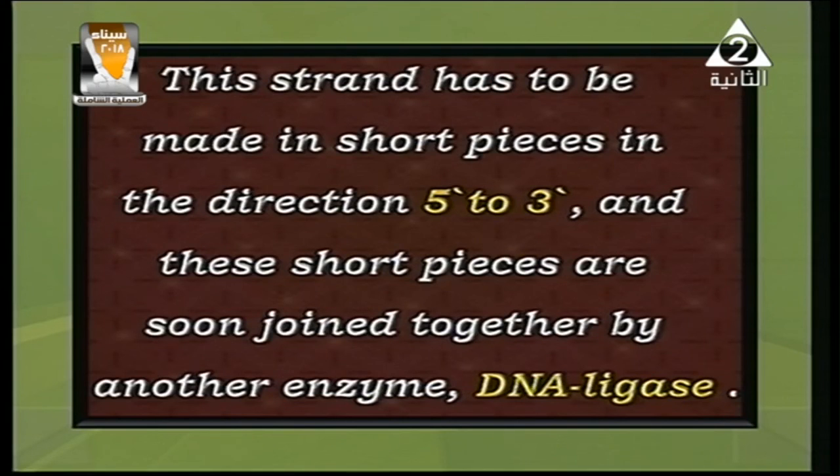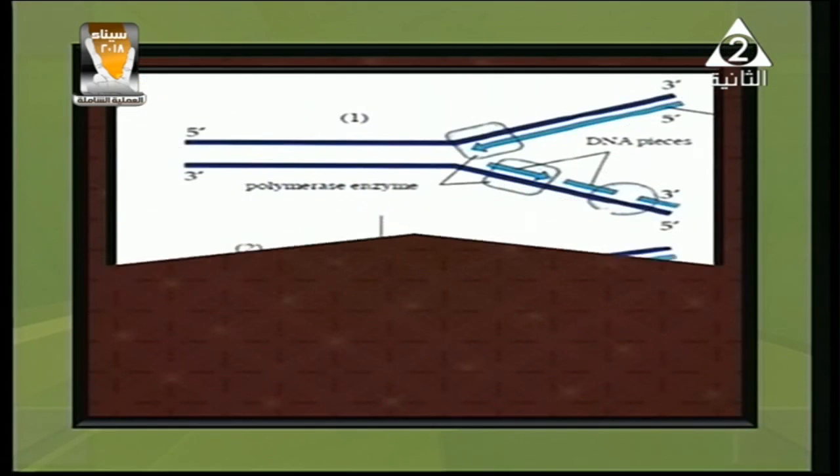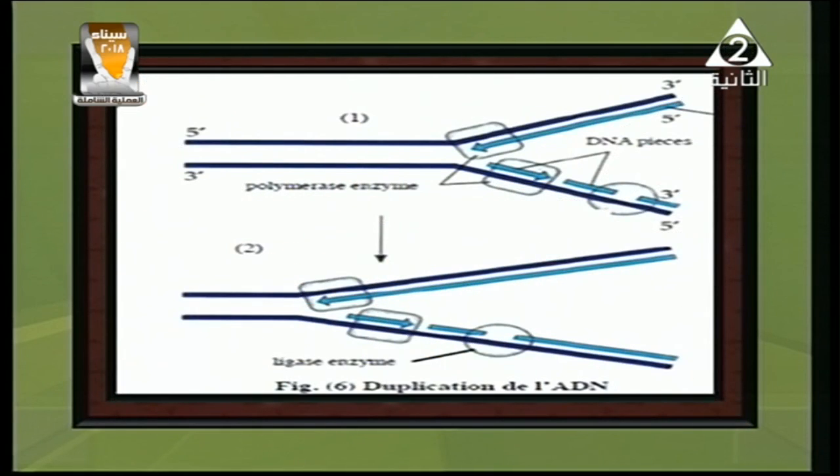So right now we have the enzymes: helicase enzyme to separate, polymerase enzyme, and remember in which direction it can work and which side it doesn't work. And finally we need what? The small pieces are joined together by another enzyme which is called DNA ligase. And this is the duplication of DNA.